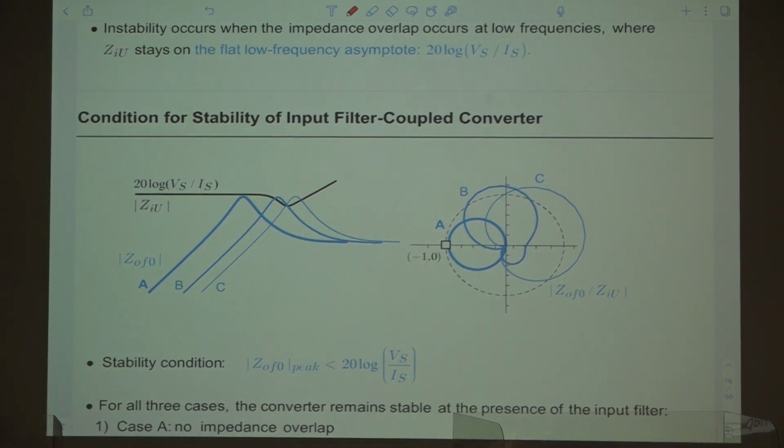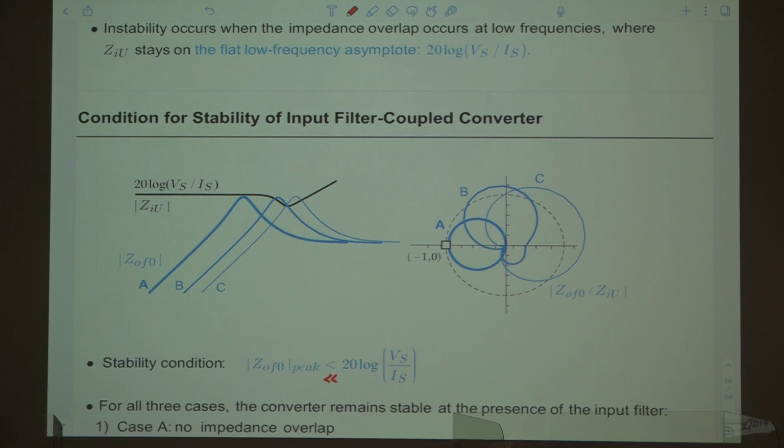To have some tolerance, to have some robustness, people use two unequal signs here. So this is the recommended condition to make sure the integrated converter is stable, right?